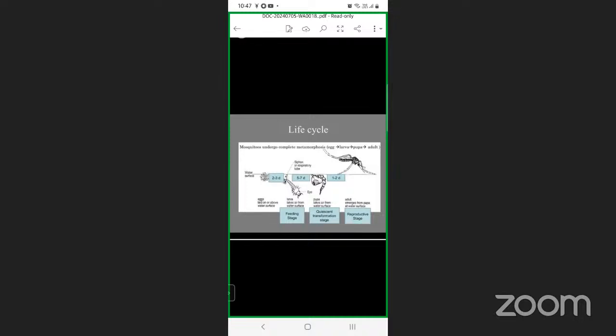we'll see the stage of larva, and that larva will have a siphon for breathing, staying in the waters. It will take respiration with this siphon, which is shown in the figure. After 5 to 7 days it will undergo the pupa stage, and then after 1 to 2 days it develops into an adult.